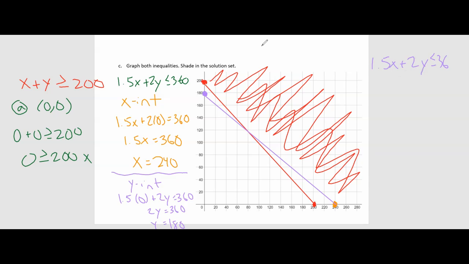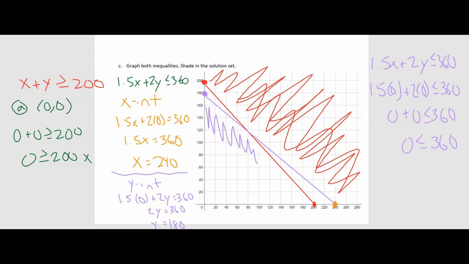We'll also use the test point 0, 0. This is going to work because 0 is less than or equal to 360. So I'm going to shade on this side of the purple.